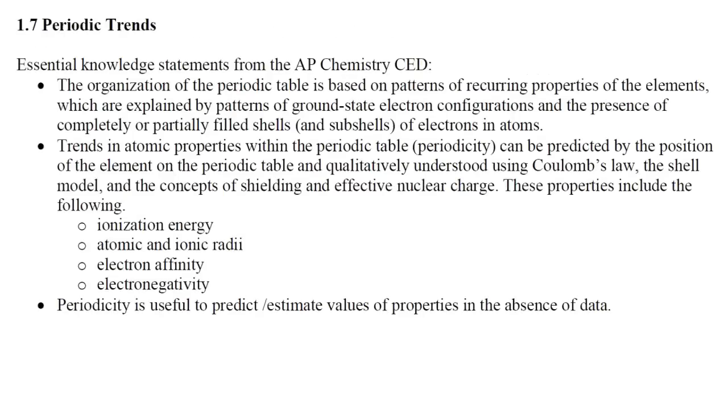So all the way back in Unit 1, this is periodic trends. You can see some examples of periodic trends include ionization energy, atomic and ionic radii or electronegativity, and it also requires you to know the patterns of the electron configurations of the atom or the ion.